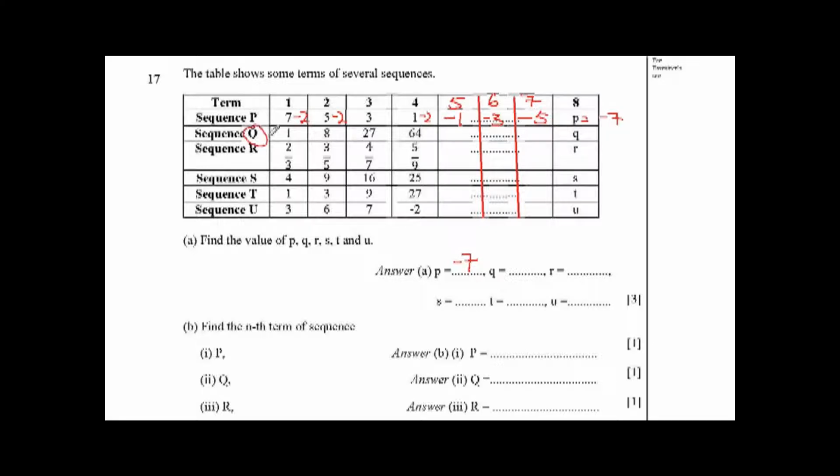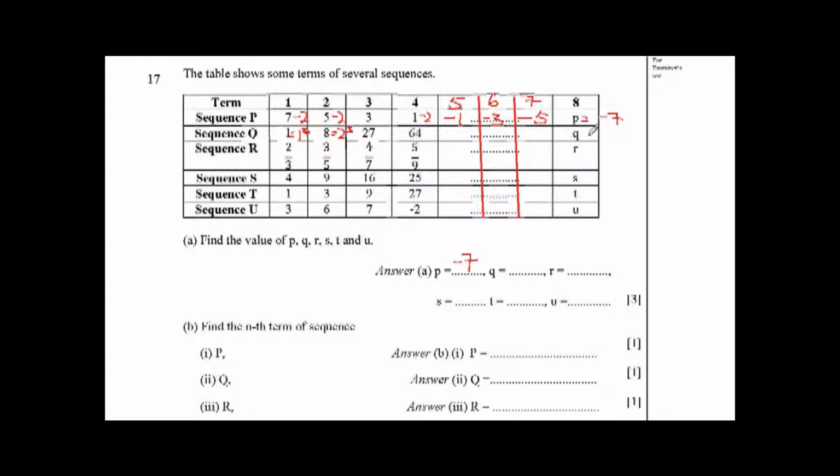For sequence Q, you can see that all the terms are cube numbers. Yes, they are cube numbers. And 1 equals 1 cubed, where 1 is actually the n number for the first term. 8 is 2 cubed, and 2 is the n number for the second term.